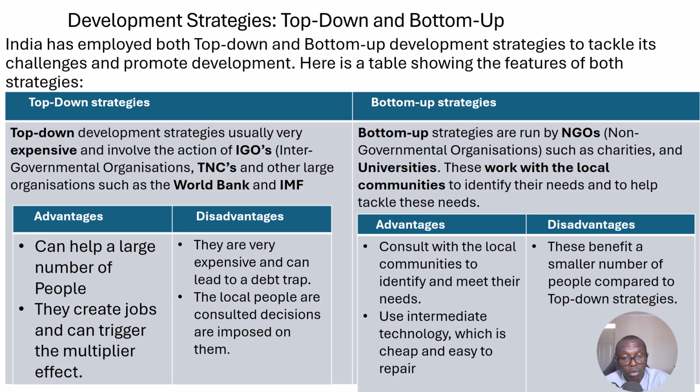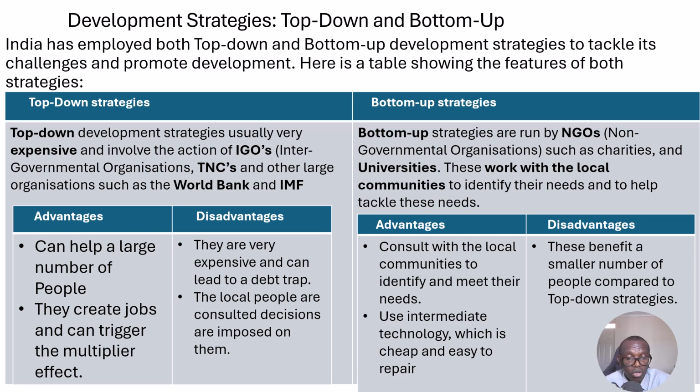And these are development strategies that are usually very expensive, and they involve the action of IGOs, TNCs, and other large organizations such as the World Bank and the IMF. IGOs here means intergovernmental organizations, and IMF stands for the International Monetary Fund.